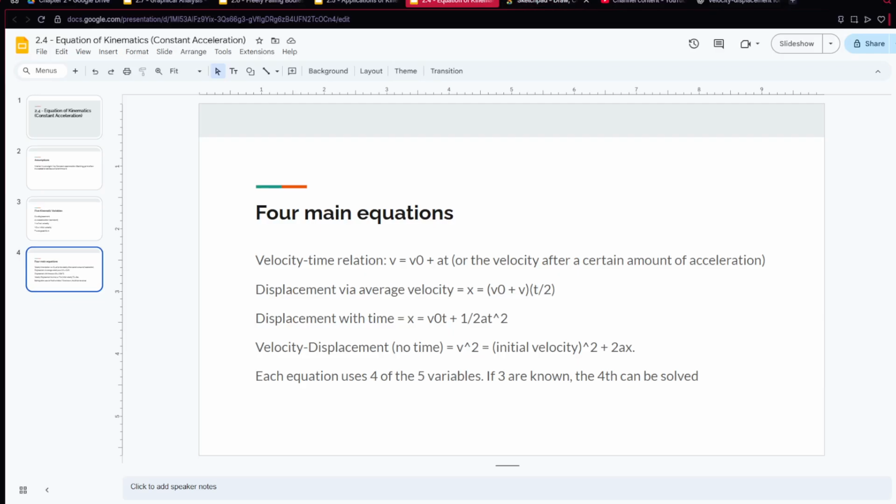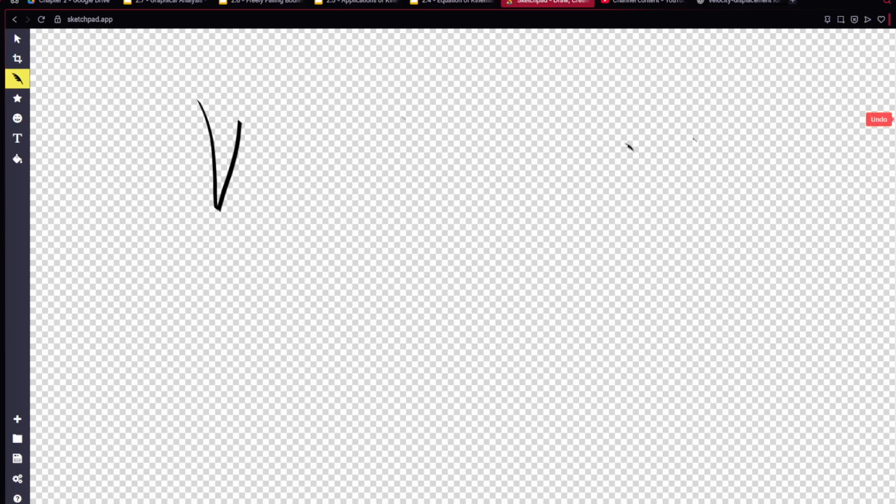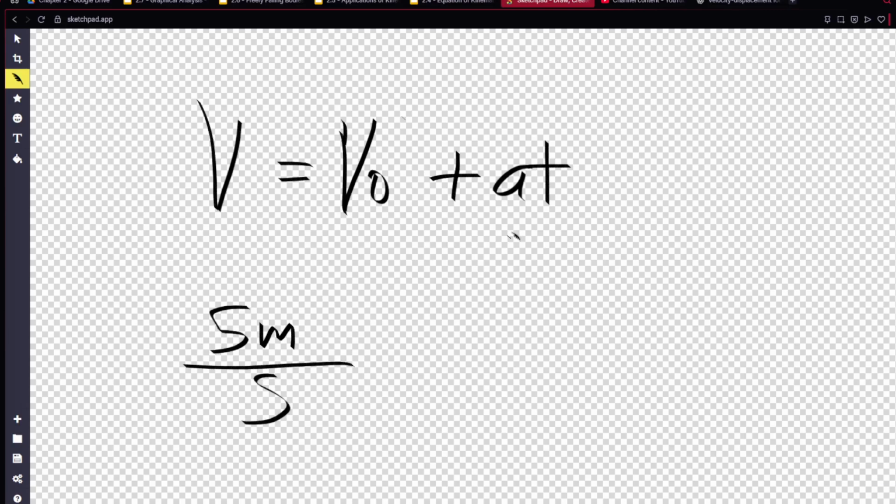So let's start with the velocity-time relation. And this gives you v equals v0 plus at, which basically gives you the final velocity. And how does this work? So we have an initial velocity. Let's say a car is moving at 5 meters per second. And then the acceleration, which is the rate of change, or the slope, you could say, because this is technically the b plus mx formula, or mx plus b, just swapped around.